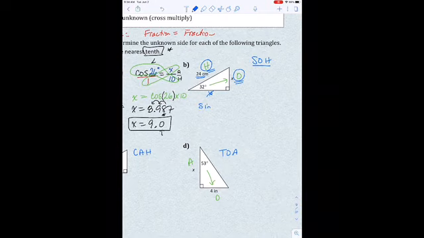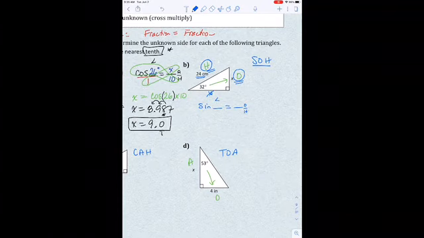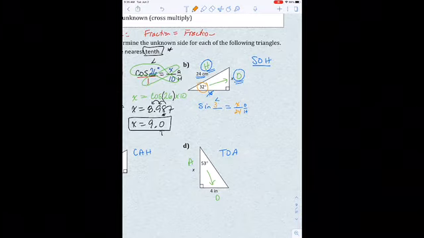I say the sine of blank is blank over blank. The sine of the given angle is whatever ratio. So opposite and hypotenuse, that's x over 24, and my angle is 32.